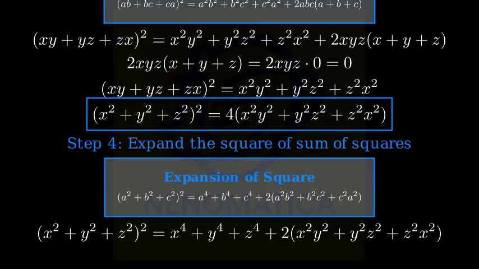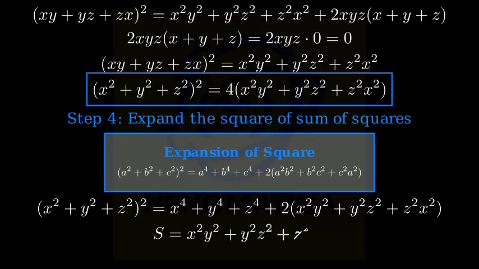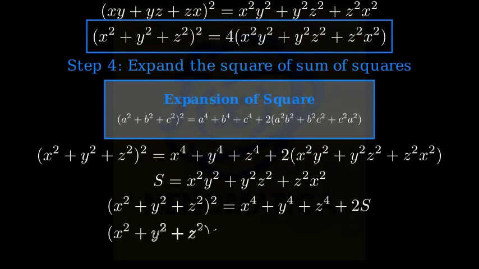And from our earlier derivation, we know that it equals 4s. Since both expressions equal the same thing, we can set them equal to each other. So we have x to the fourth plus y to the fourth plus z to the fourth plus 2s equals 4s. Subtracting 2s from both sides, we get x to the fourth plus y to the fourth plus z to the fourth equals 2s.